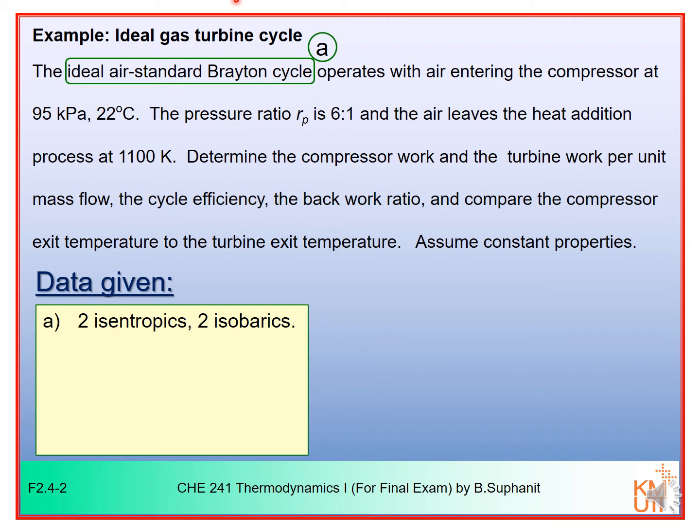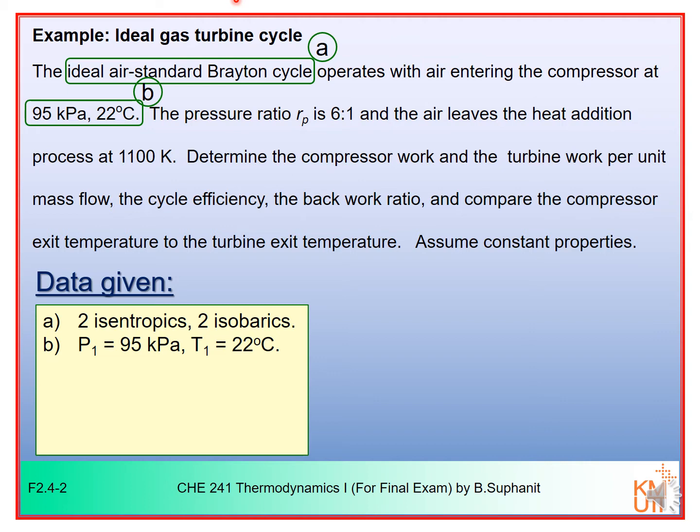It means that we have a cycle consisting of two isentropic and two isobaric processes. From the same sentence, we have the compressor inlet conditions at point 1. So we have P1 equal to 95 kPa and T1 equal to 22 degrees Celsius.